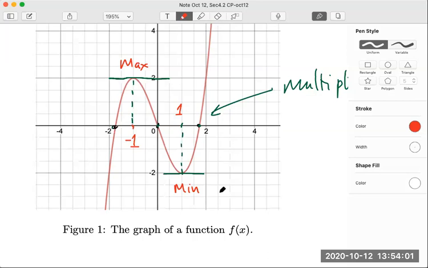So this is not a global max, because you see that at this position, this is f of -1, which is 2, right? But we see that on the right of this, there's always a value larger than 2.